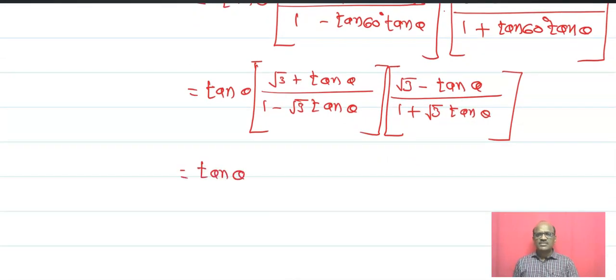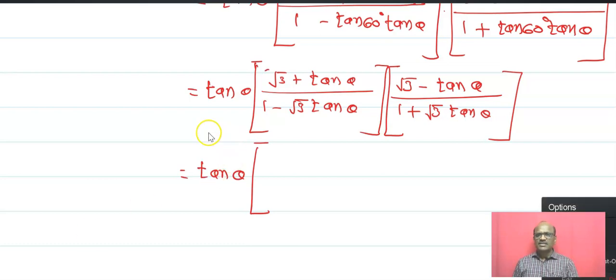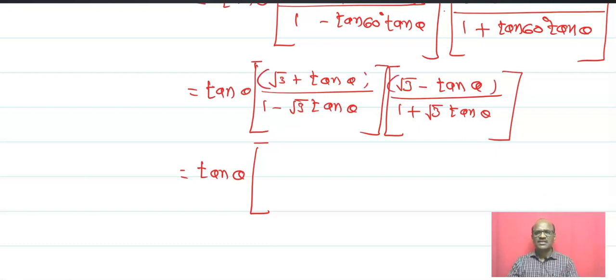Now in this case, the terms are like this: this is A plus B, A minus B. Now again here, A minus B into A plus B. Therefore, in the numerator it is 3 minus tan square theta, and in the denominator you will get 1 minus 3 tan square theta. Now see this here.